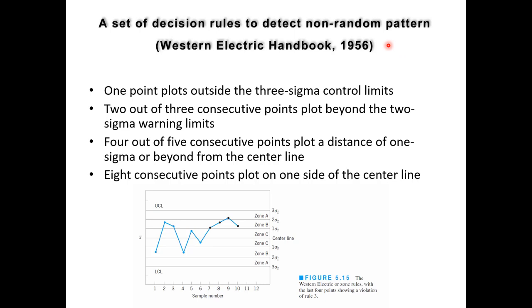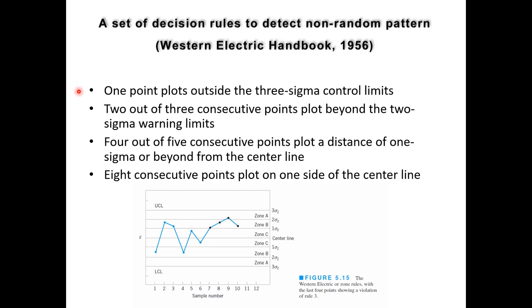A very simple set of guidelines or decision rules was made by the Western Electric Handbook in 1956. This was the foundation of control charts in those days.